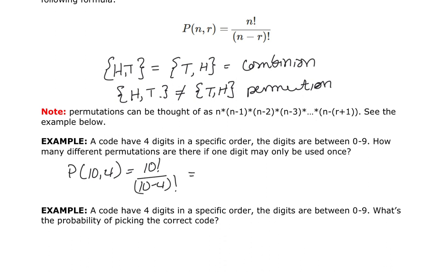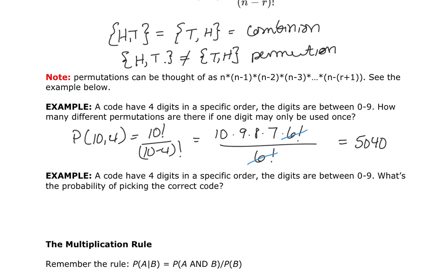In your calculator you could write this as 10 times 9 times 8 times 7. Don't forget the 7. Times 6 factorial. And then in the denominator, 10 minus 4 is 6 factorial. And those two would cancel.